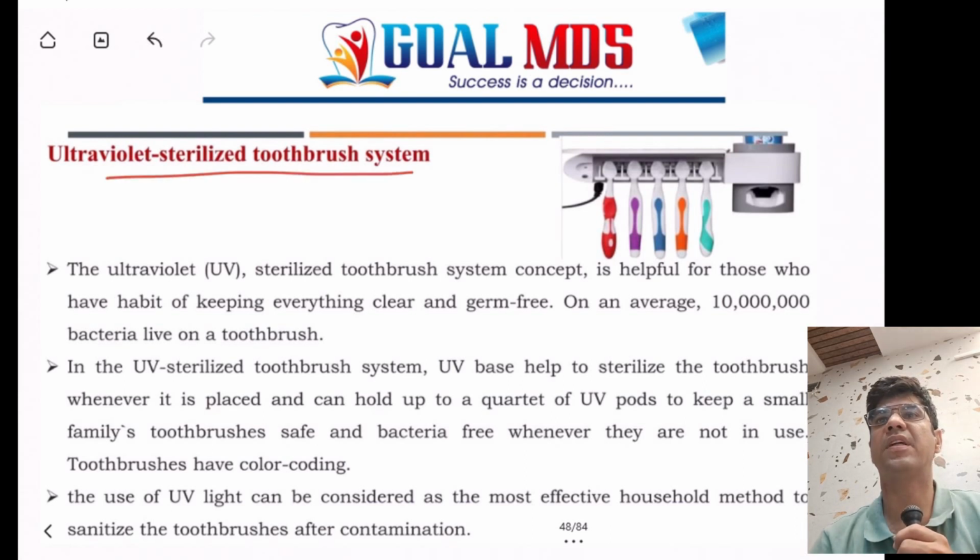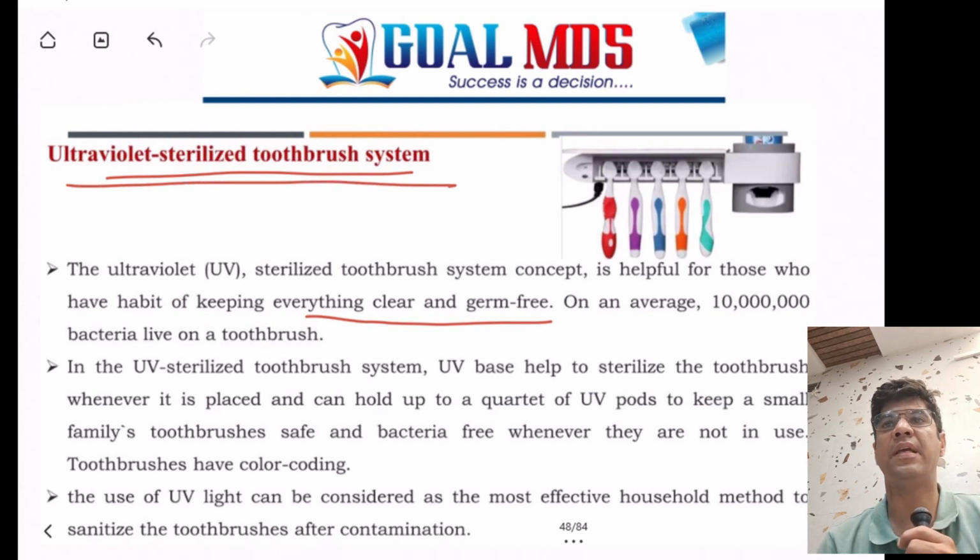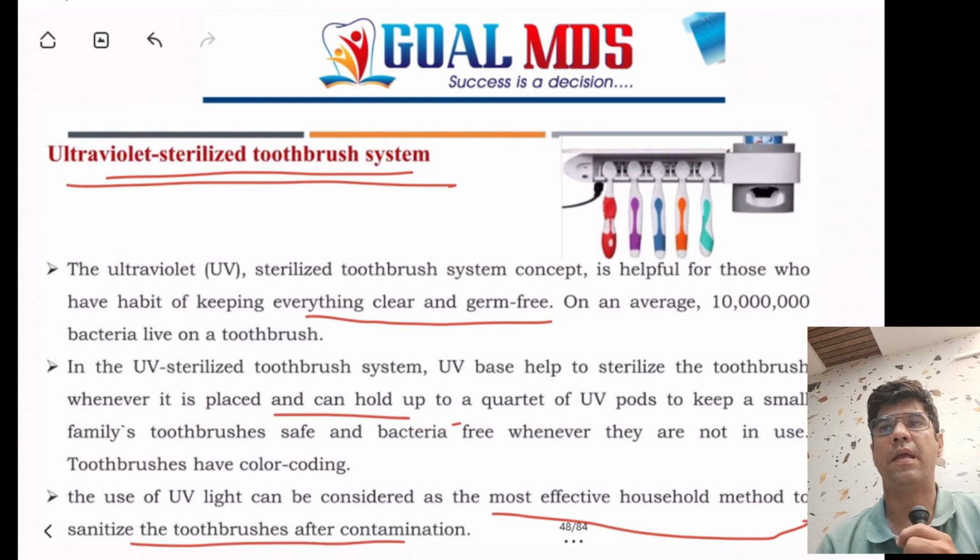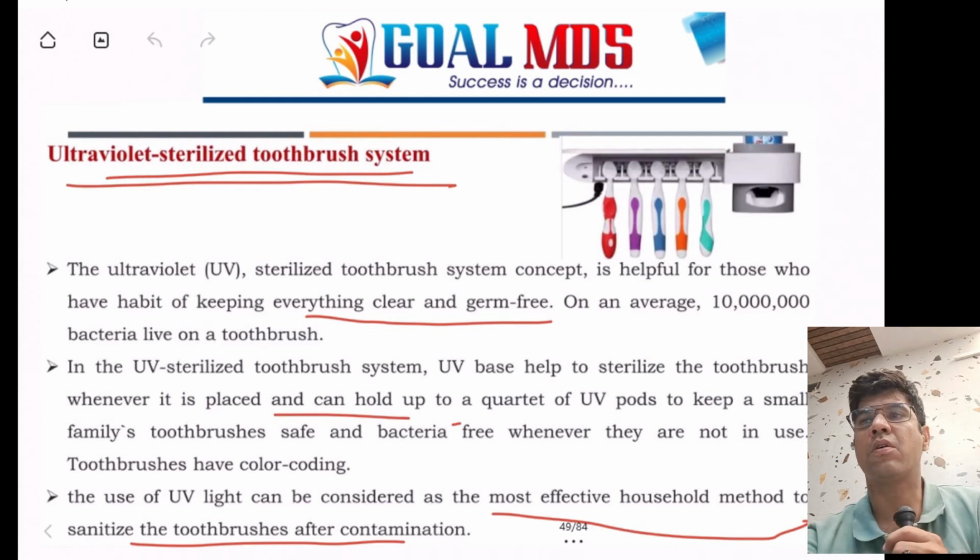The other is the UV sterilized toothbrush. Patients who have the habit of keeping everything clean and germ free are recommended the ultraviolet sterilized toothbrush system. It sterilizes the toothbrush when it is placed, and it is the most effective household method to sanitize the toothbrush after contamination.